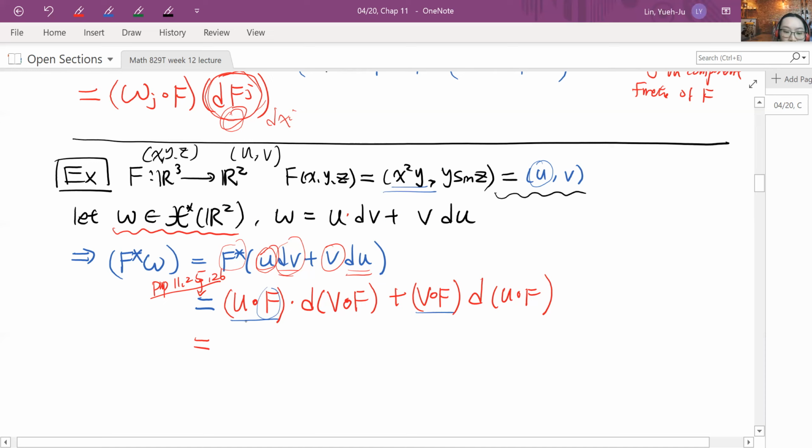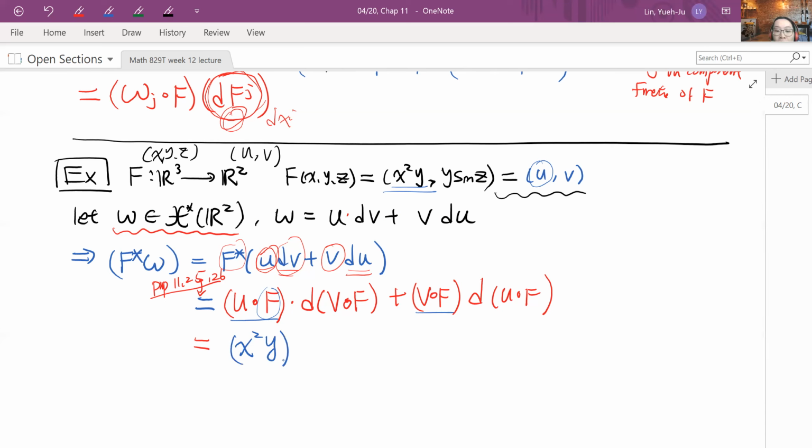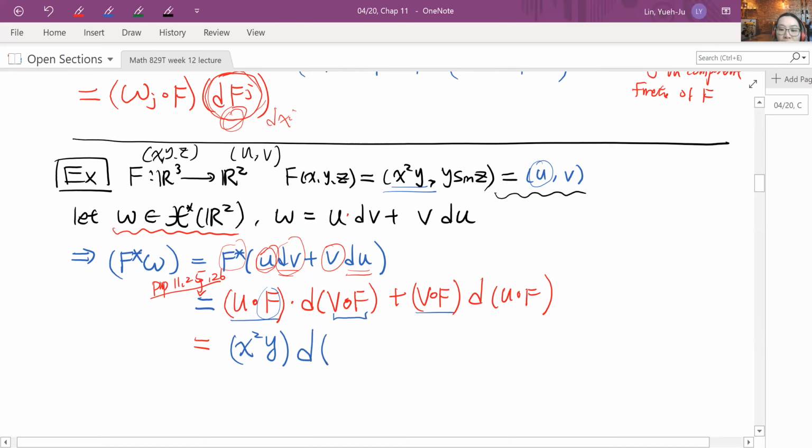So this part is really just the first component, picking out the first coordinate from the map capital F. And v of f is the second coordinate of F, so you're doing the differential of the second coordinate of F.